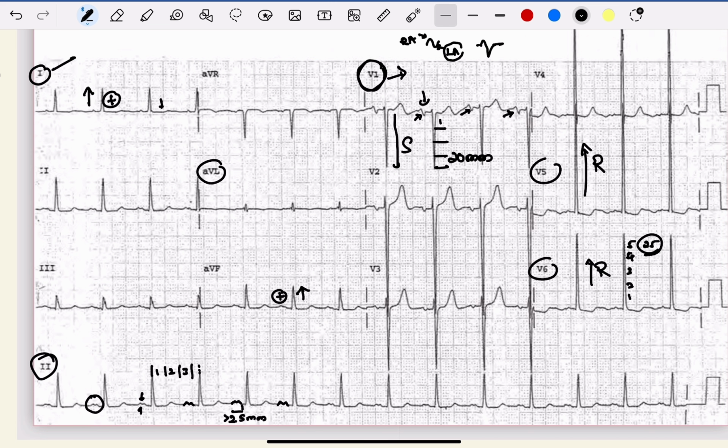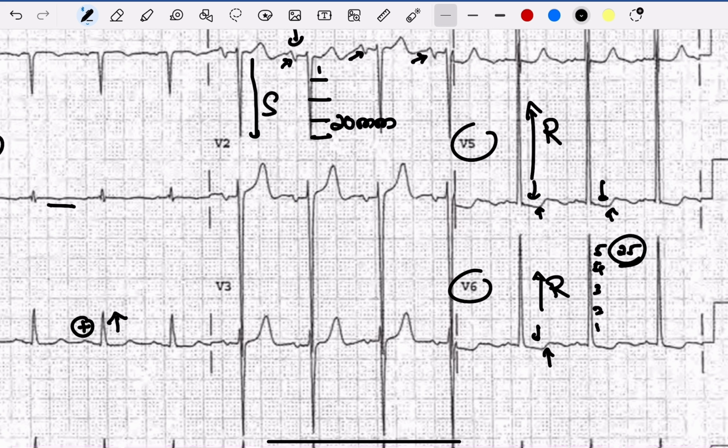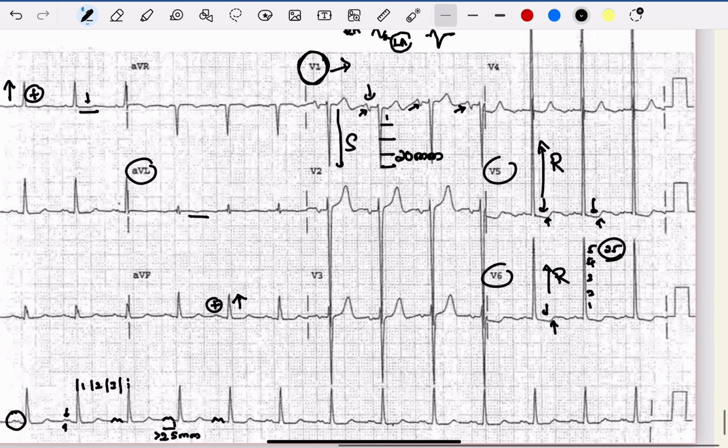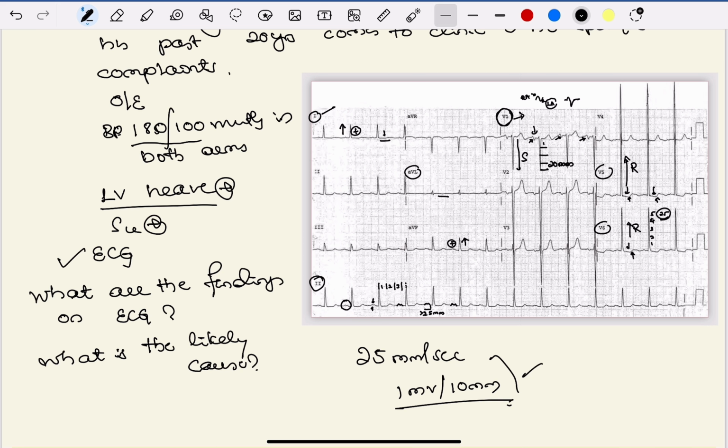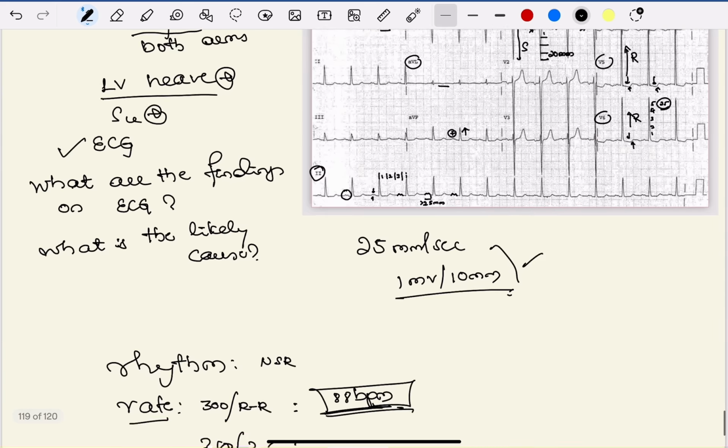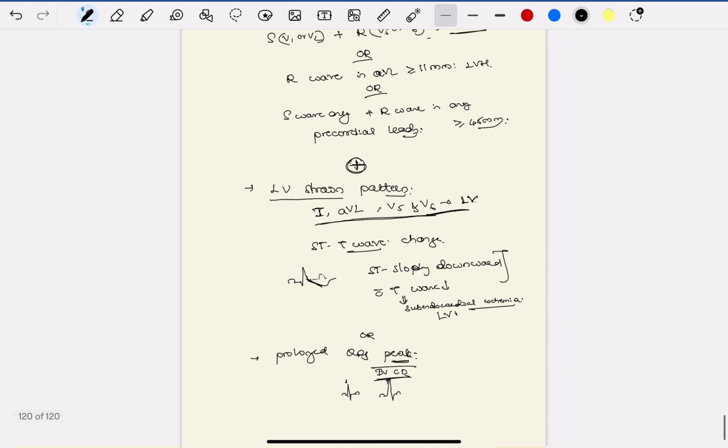So there is LV strain, and along with this voltage criterion, that is 45 mm, with LV strain, we can call it LVH. So the ECG is also telling that this elderly male has LVH, left ventricular hypertrophy.